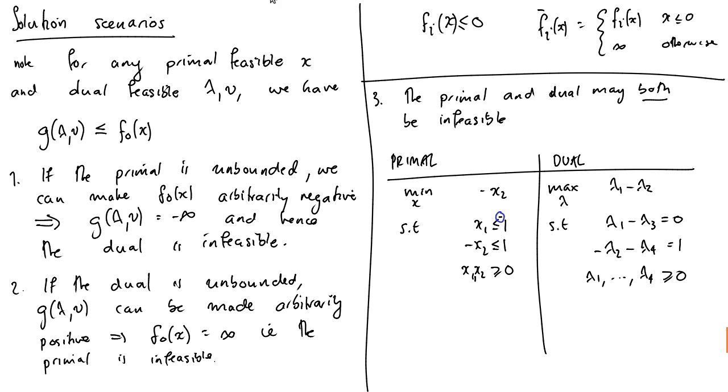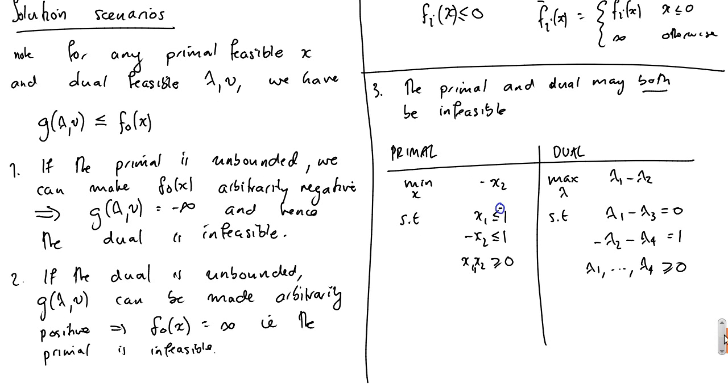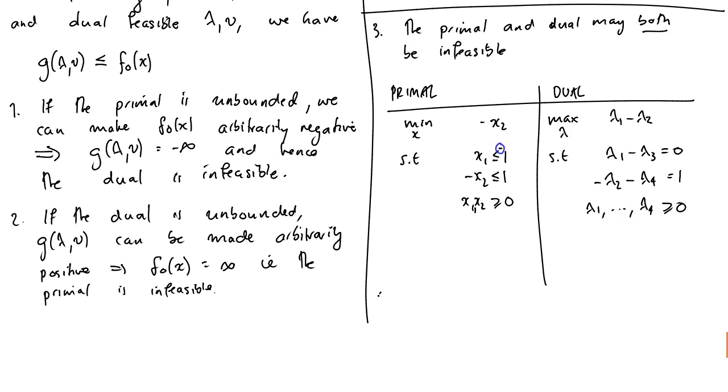Okay, so that's scenario number 3. The final one is the one that we normally have. Finally and typically, both the primal and dual have solutions.